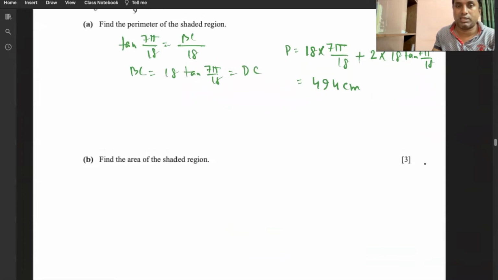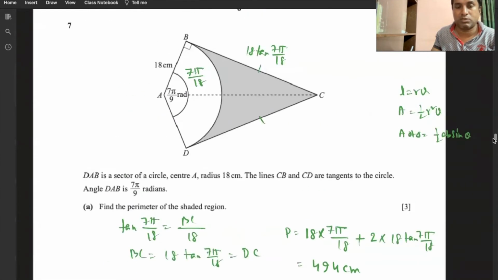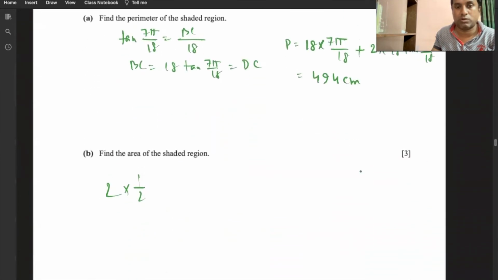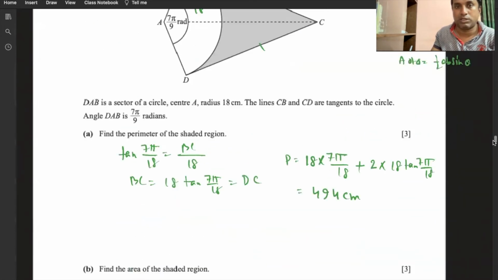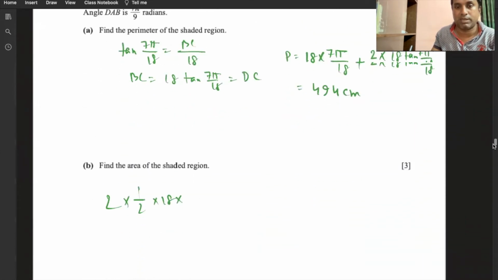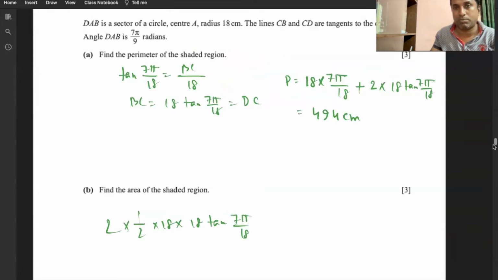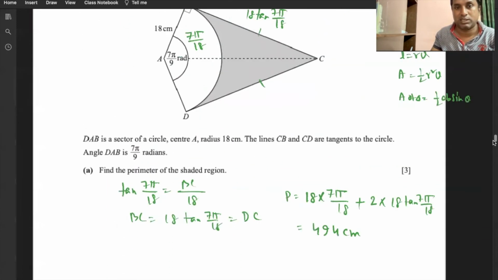So we can write half, that is 2 times, base into height, 18 into 18, 10, 7 pi by 18. This is the area of the complete thing.